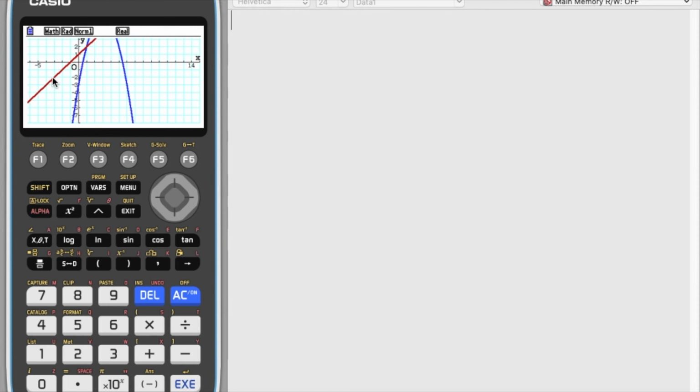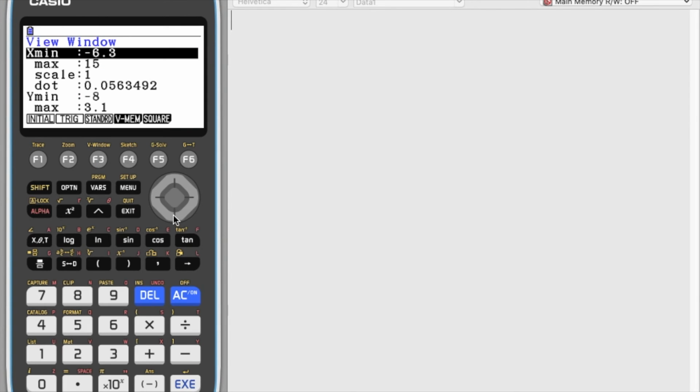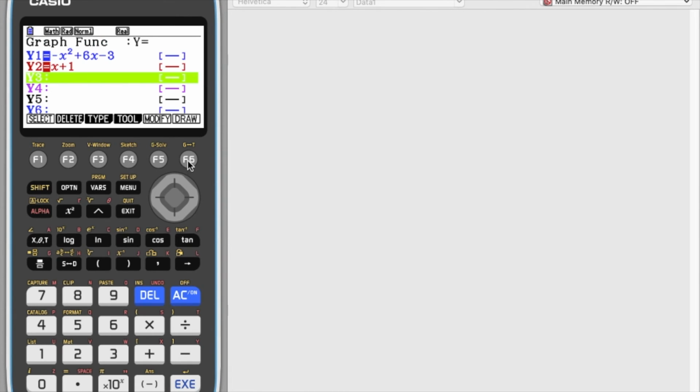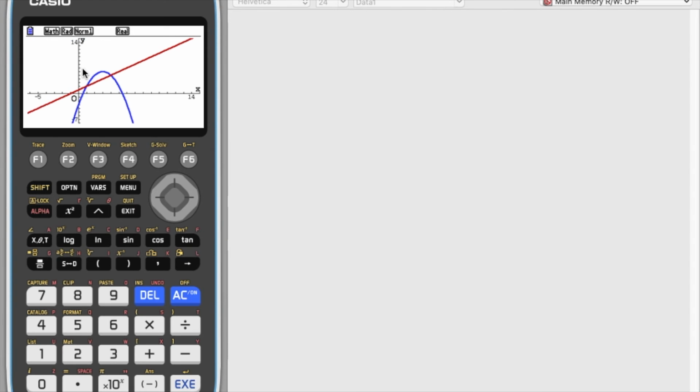And I have to do the same for y. I'll make my y max maybe 15 as well. And I'll draw that. And then you can see the two solutions.